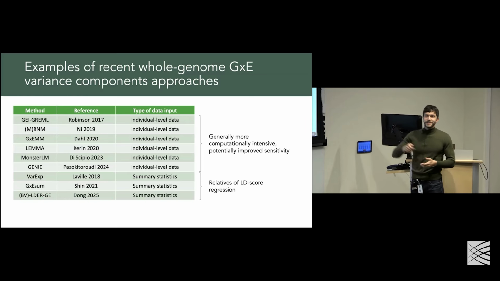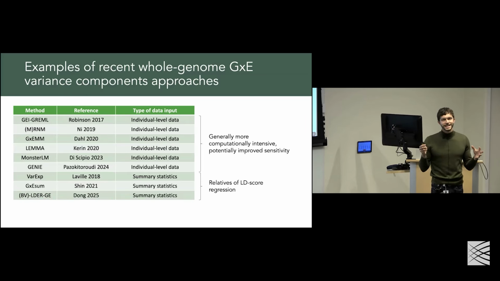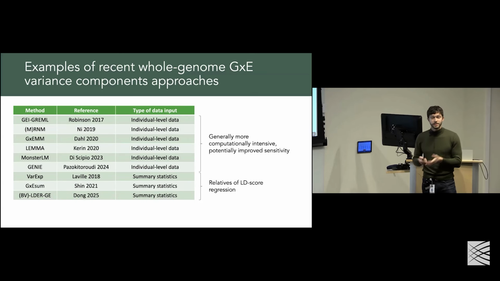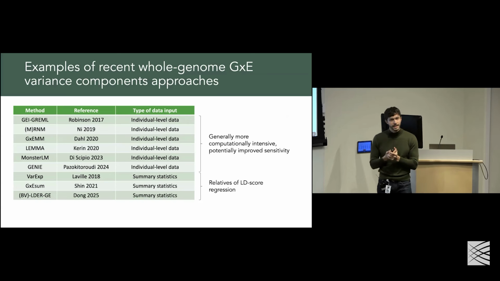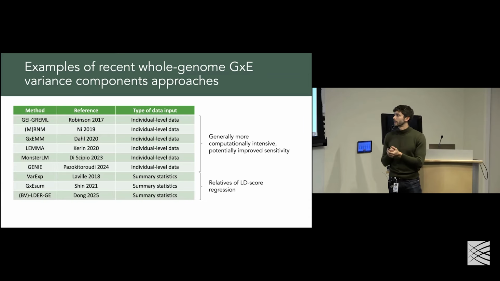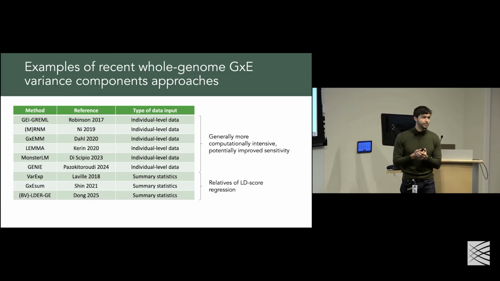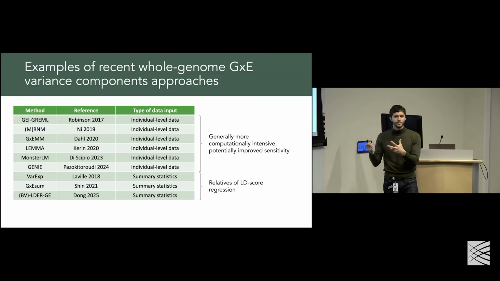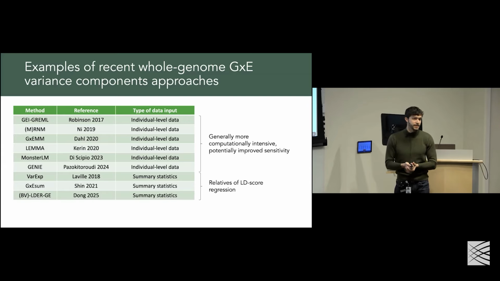So definitely no need to memorize this table here, but just giving you an idea that there are a whole bunch of methods that people have produced in especially the last 10 years, but even before that, for estimating these things. Some of them come from individual level data, which are going to allow maybe slightly more precise and accurate estimates, but they are going to be a lot more computationally intensive typically, and the G by E piece ratchets up further the computational complexity of these.